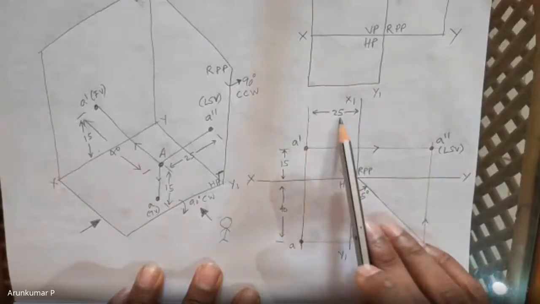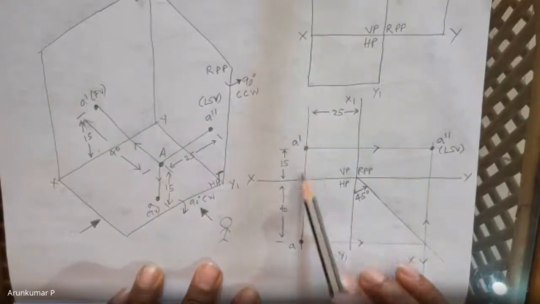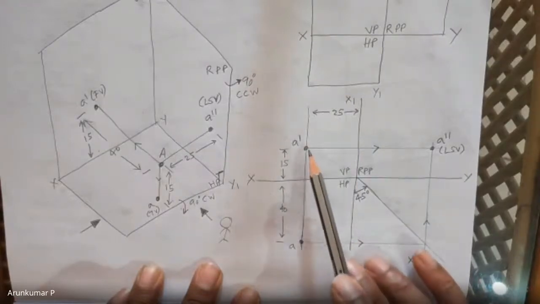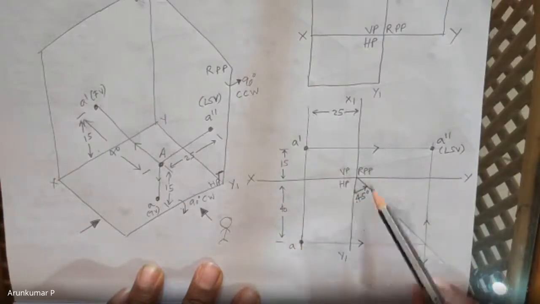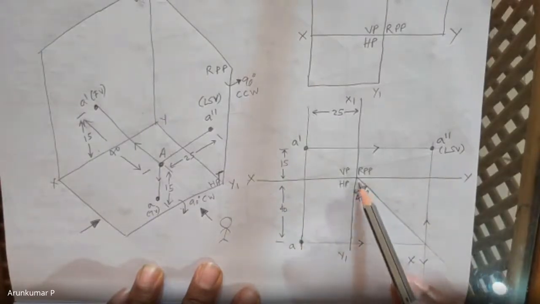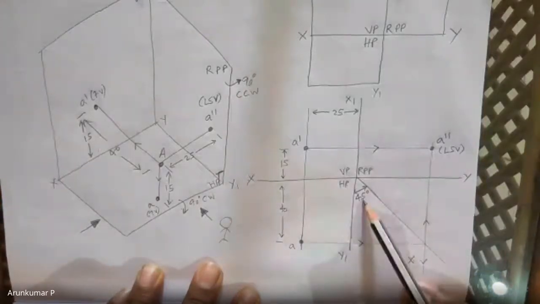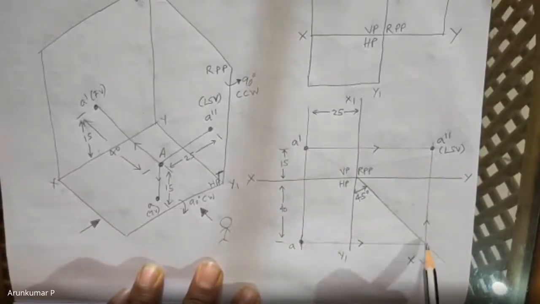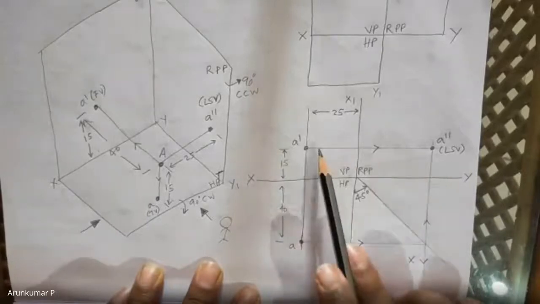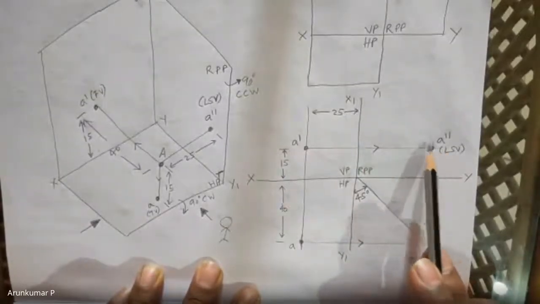In this case, it is 25 mm. And then draw the vertical projection. On that, you locate the front view and the top view as we have been doing. And then, beside HP, you draw the median line at 45 degrees. Then, project the top view and take it up from the intersection and make it intersect with the projection of the front view. That will give you the side view.